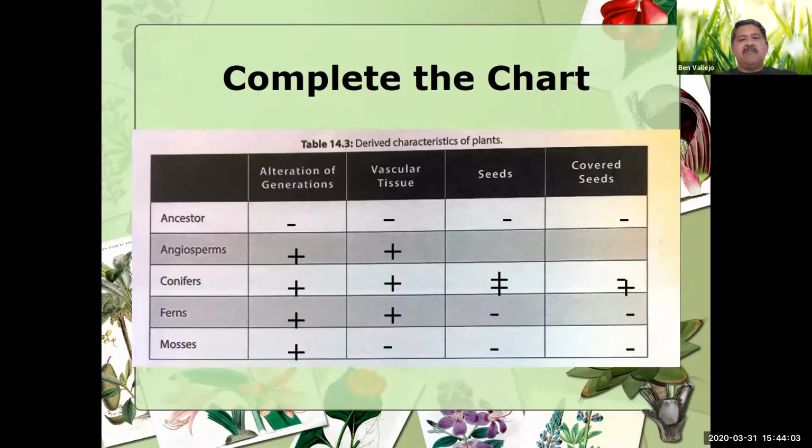Hopefully you got that completed chart. Here it is once again, and that semantic features analysis grid, for those of you who are education majors, really comes in handy and helps us sum up the important points, the important characteristics when we take a look at plant classification.